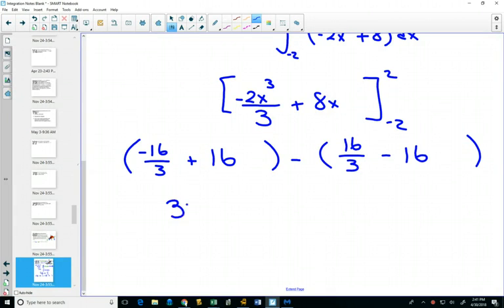And you would get 32 minus 32 thirds. And that'll be 32/3 for the first bracket. I put my like terms together first. So I went 16 plus 16 to get 32. And I went minus 16 thirds minus 16 to get 32 over 3. And then simplified it from there.